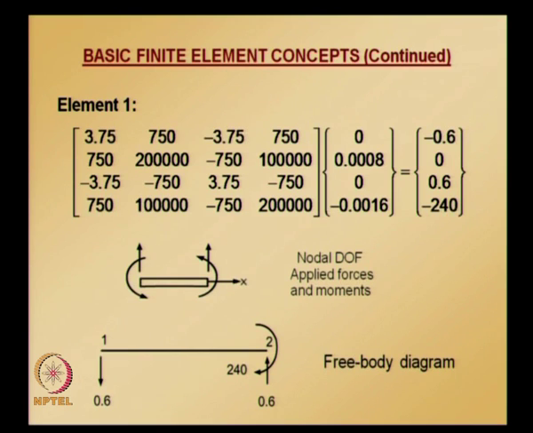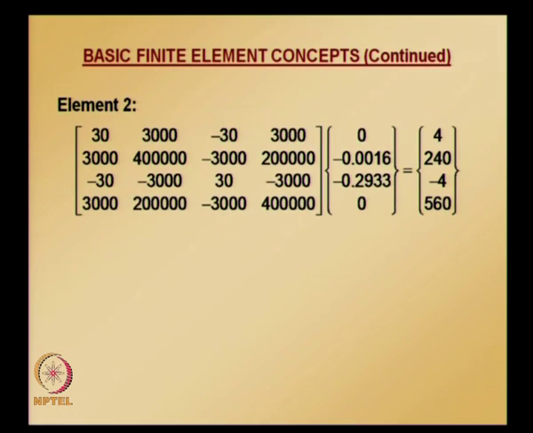Following the sign conventions of nodal degrees of freedom and applied forces and moments that we assumed while we started out with this beam bending problem. Similarly for element 2, substituting the values of V2 theta 2, V3 theta 3, we get the bending moment and shear forces at the ends of element 2, and it turns out that these values are as given there: 4, 240, minus 4, 560.